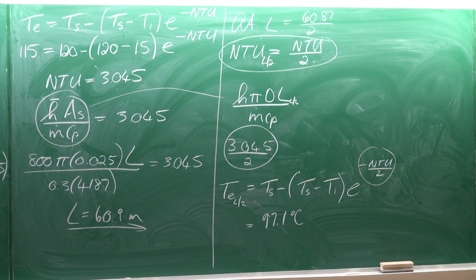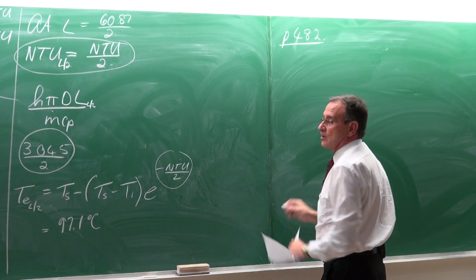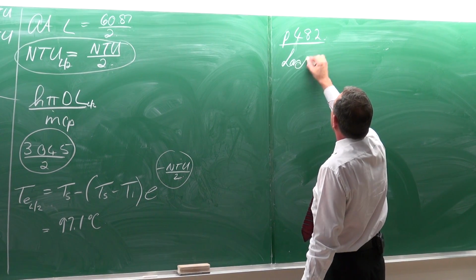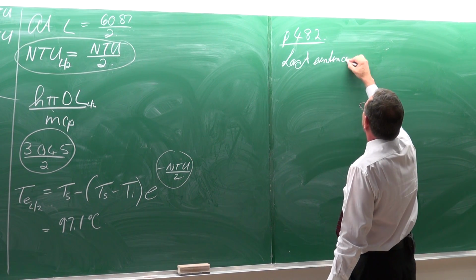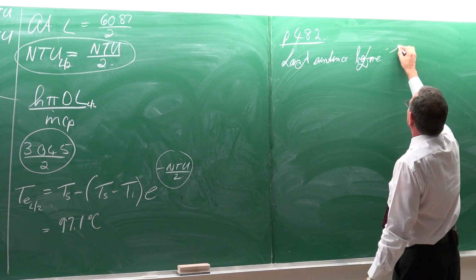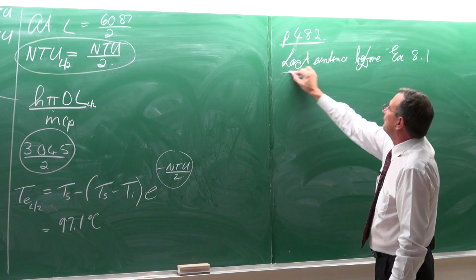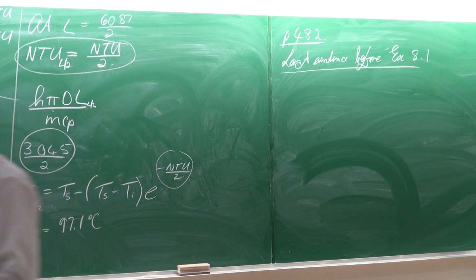If you look in your textbook on page 482, the last sentence before example 8.1 says: therefore, we should always use the log mean temperature difference when determining the convection heat transfer in a tube whose surface is maintained at a constant temperature Ts.